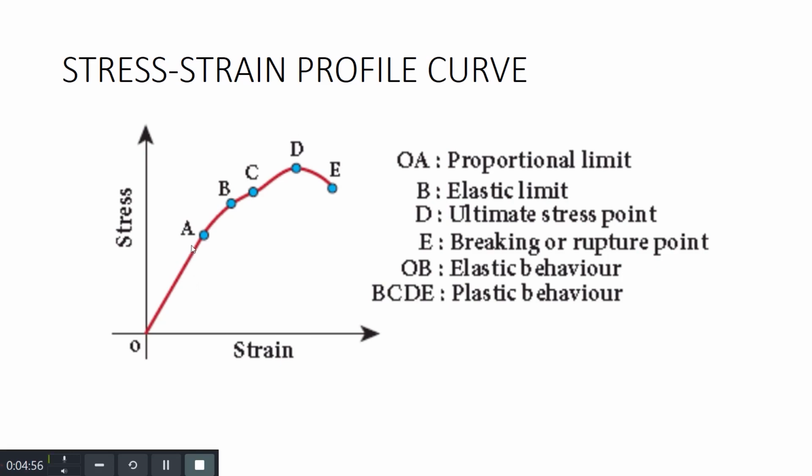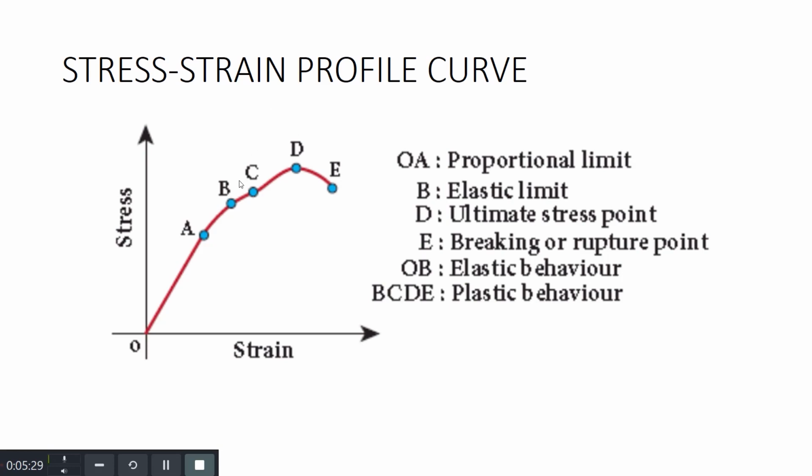On further applying the stress, the strain will be no more directly proportional to stress, but the body will regain its original shape. So up to point A, we can say this region is where Hooke's law is valid. After point A, Hooke's law is not valid.